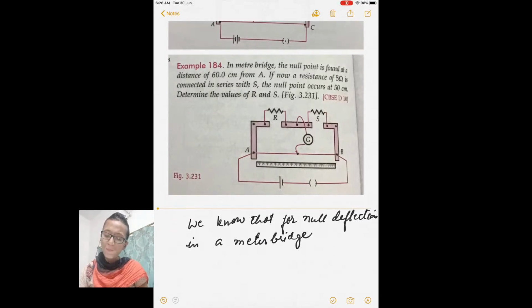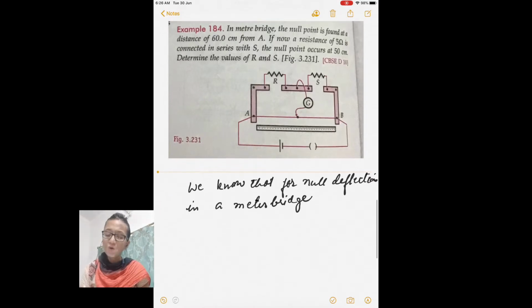So when zero current flows through the galvanometer, then the ratio of the resistance and its corresponding parallel length is the same. Means R1 upon L1 is equal to R2 upon L2.